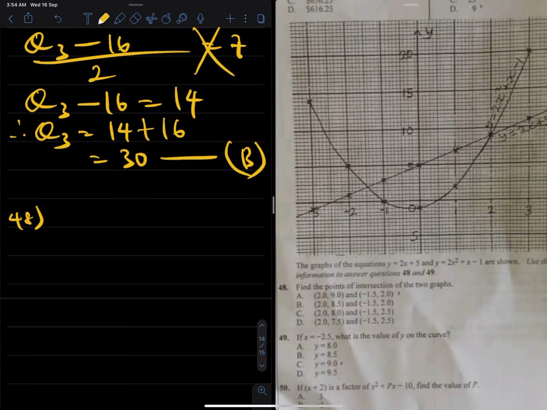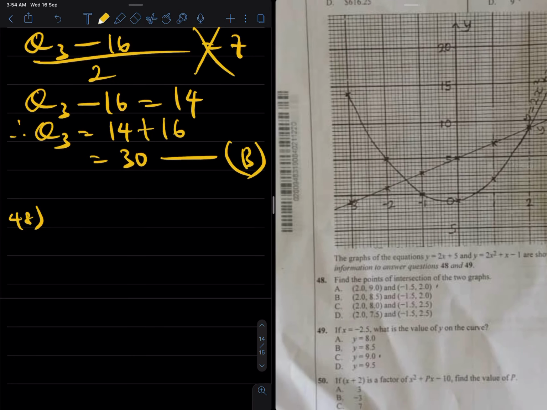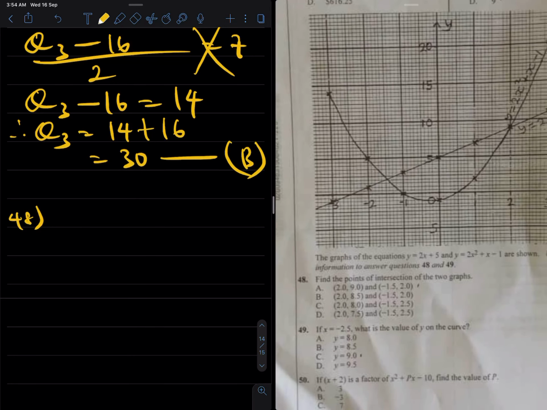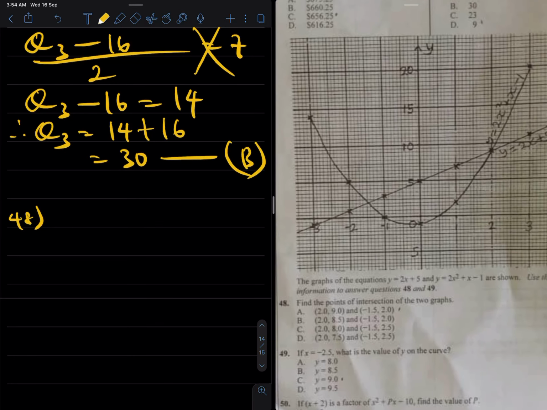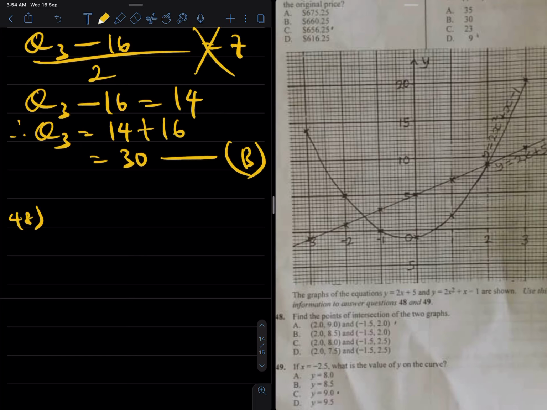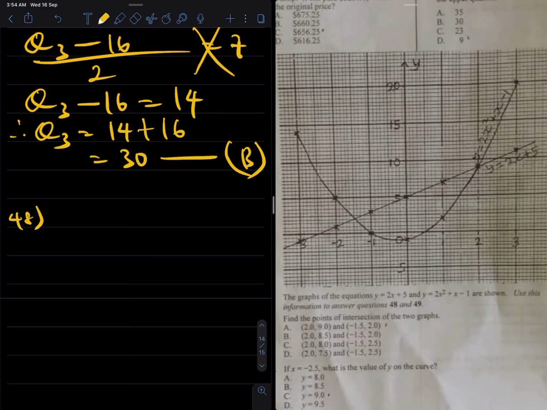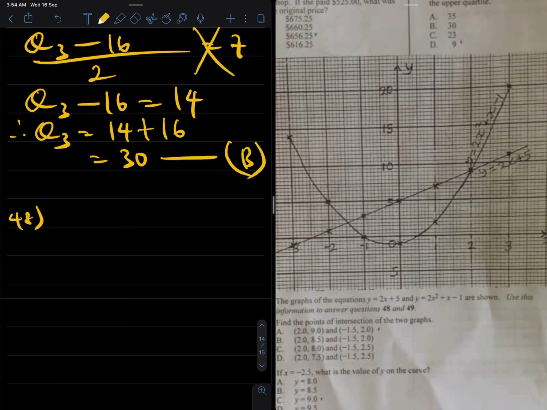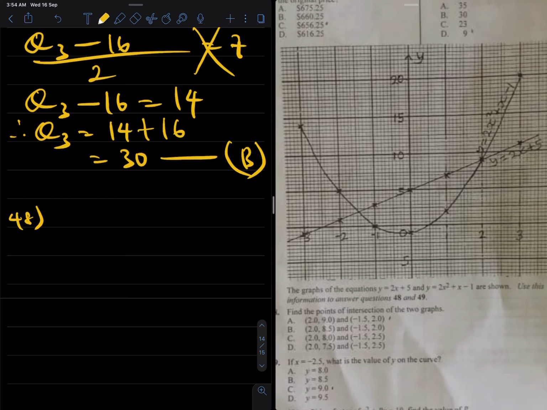That says the graph of the equation y equals 2x plus 5 and y equals 2x squared plus x minus 1 as shown. Use this information to answer questions 48 and 49. If you check this graph, you'll see the points of intersection of the two graphs.